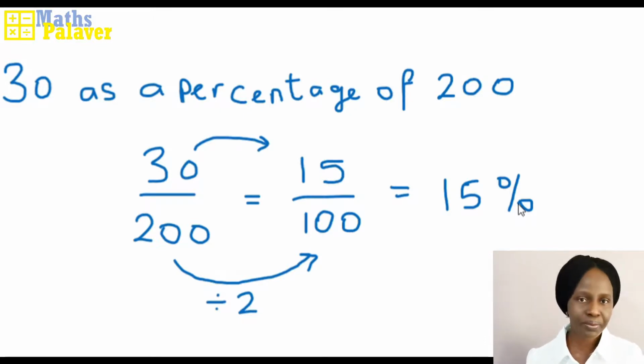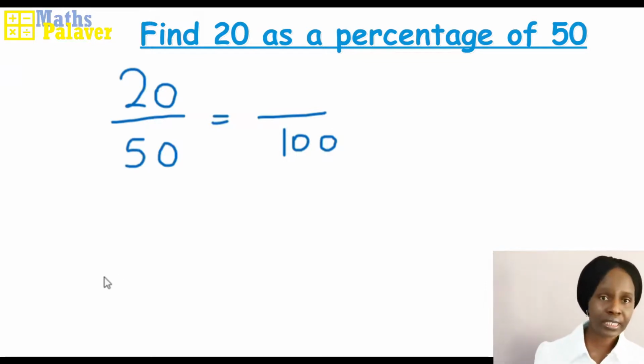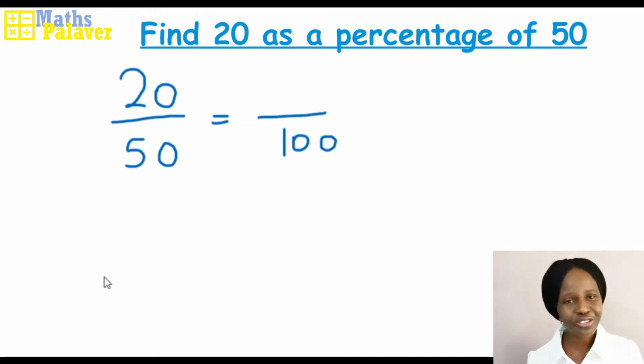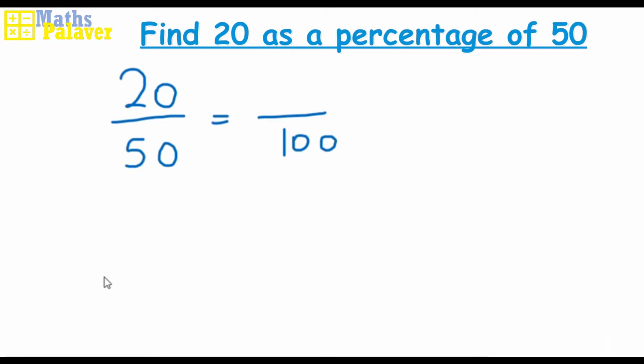Let's do another example. Daniel has spent £20 out of his £50 pocket money. What percentage has he spent? Remember, the first thing to do is make 20 a fraction of 50, and then make it up into an equivalent fraction with 100 as its denominator. 20 over 50 is the fraction.